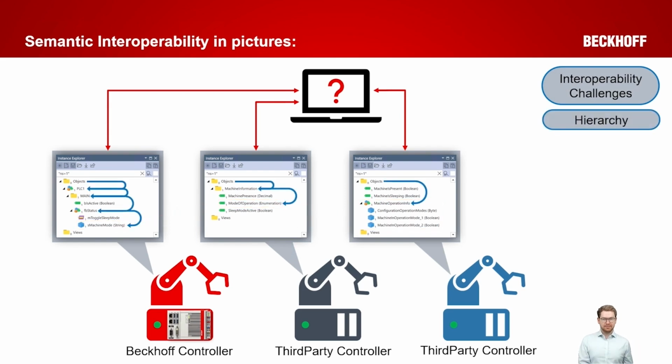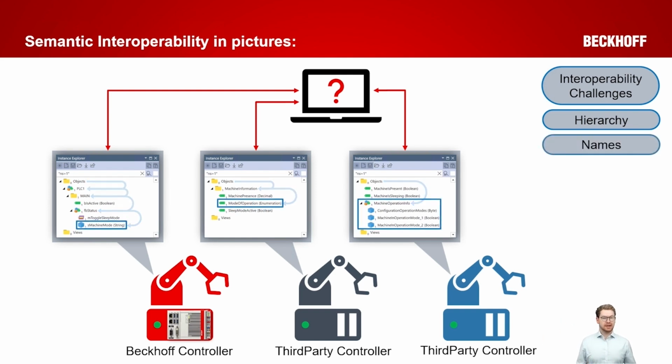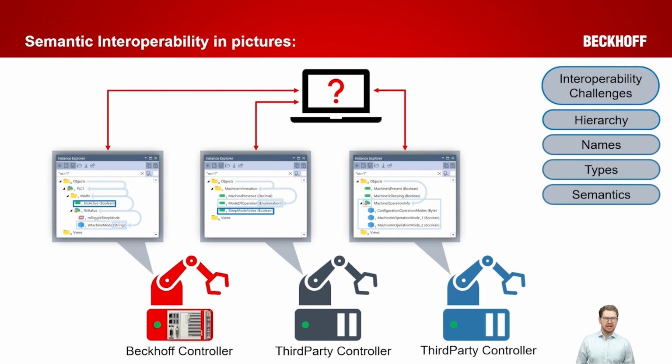The hierarchy is different, getting from the entry point objects to the concrete node that we want. The names are different. The types are different: string, enumeration, and even an object. Then we have different semantics with the two highlighted variables, meaning the opposite when having the value true.